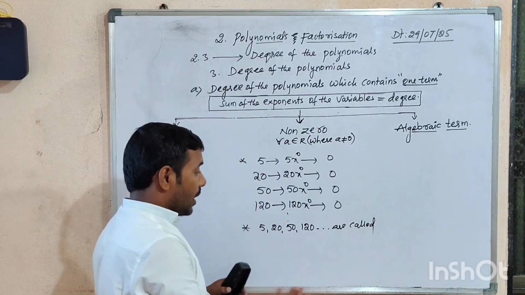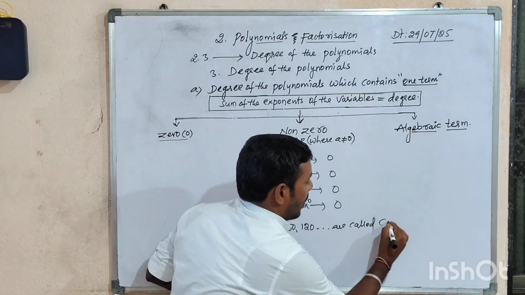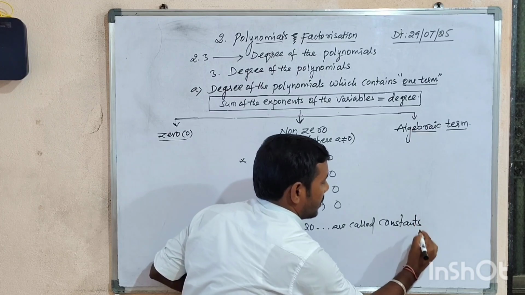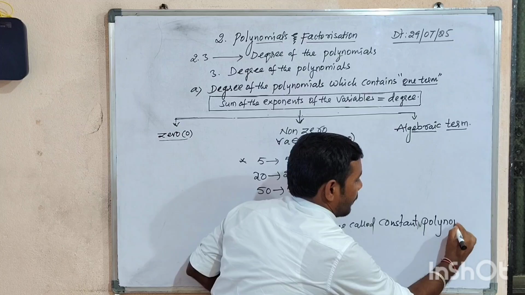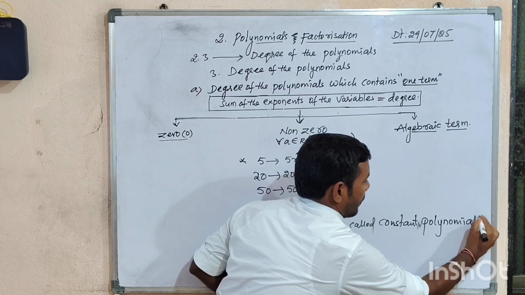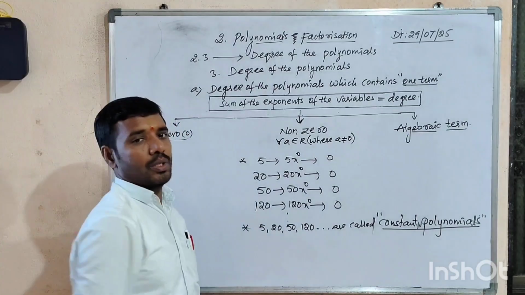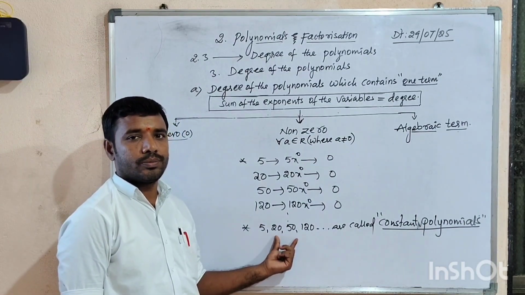But which kind of polynomials? Those are called constant polynomials. Carefully observe, students. Why? They are constant values only, no?